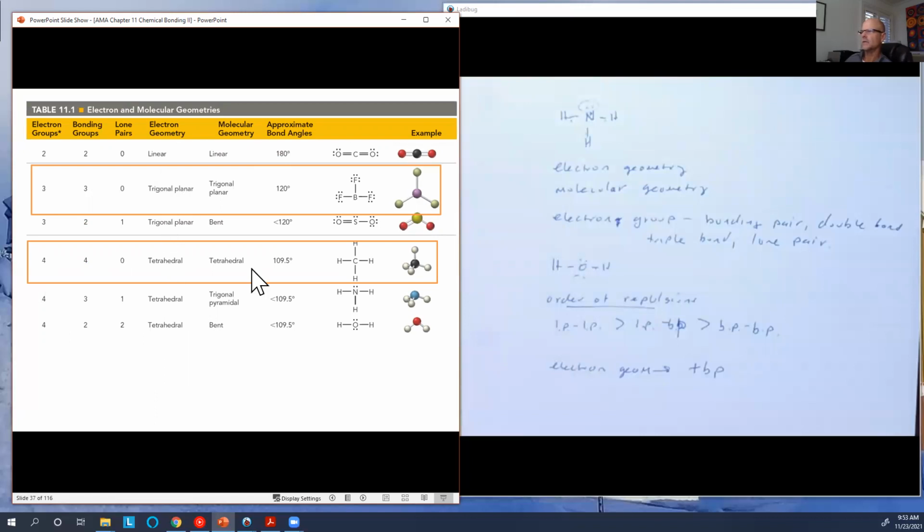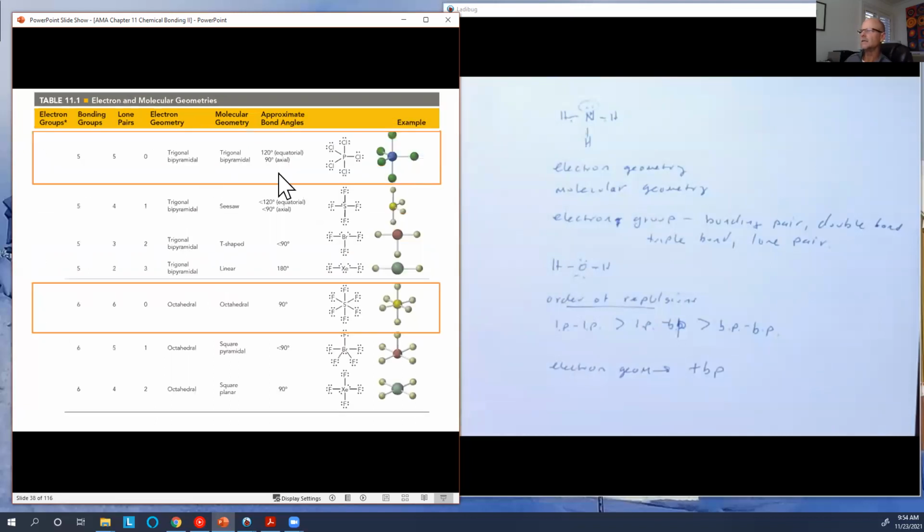Trigonal planar, tetrahedral, and so on, right? And then you see what happens when you have some lone pairs. So visit this table and make sure you understand how to predict both the electron geometry and the molecular geometry for a molecule from its Lewis structure, okay?